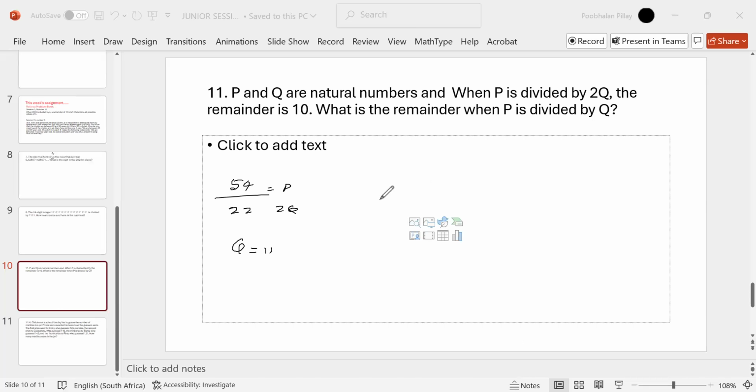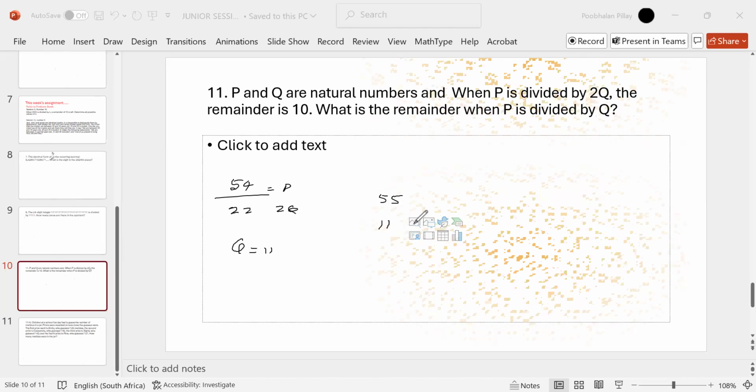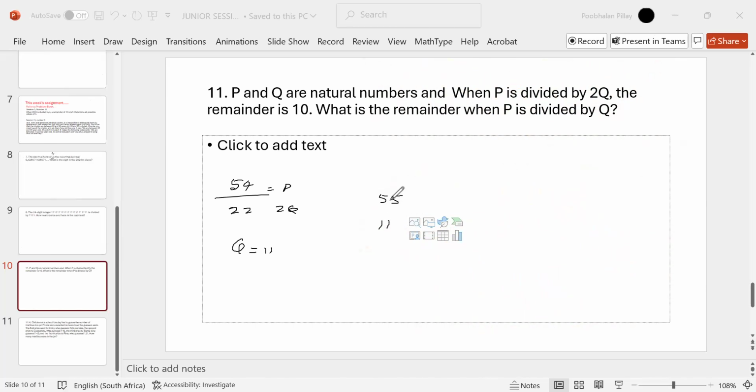So when 54 is divided by 11, what is the remainder? Now you'll see the remainder is still 10. 11 goes into 54 4 times, and then you get 10 over 11. So the remainder is still 10.